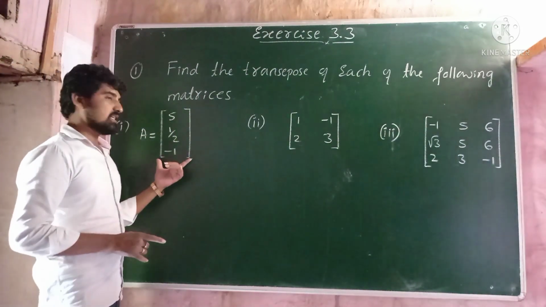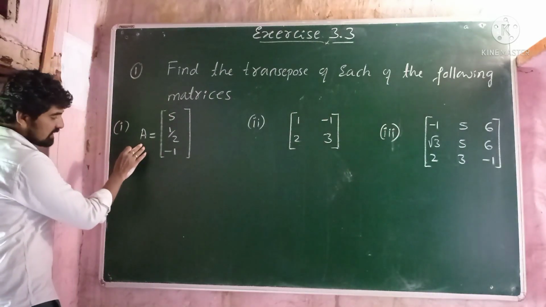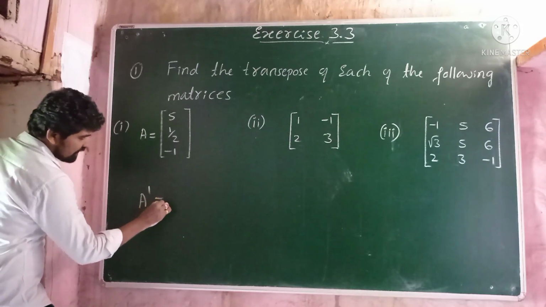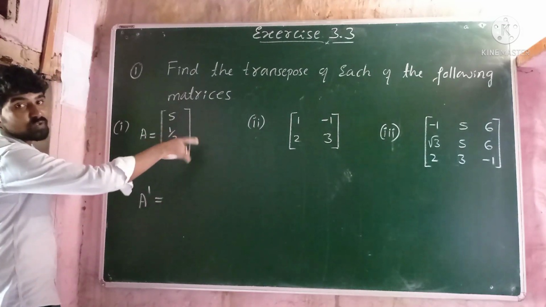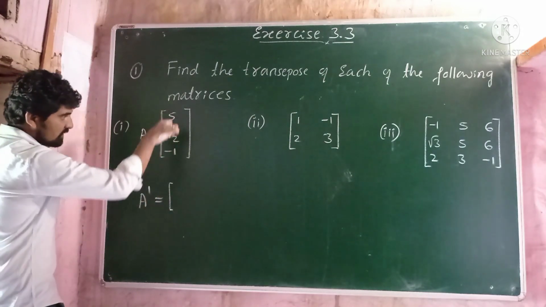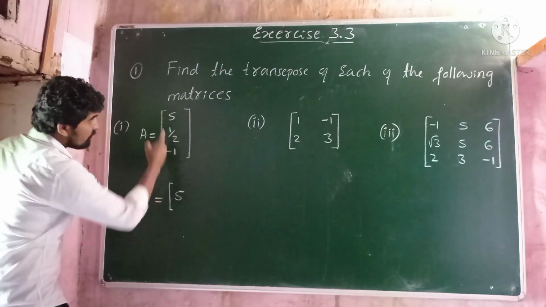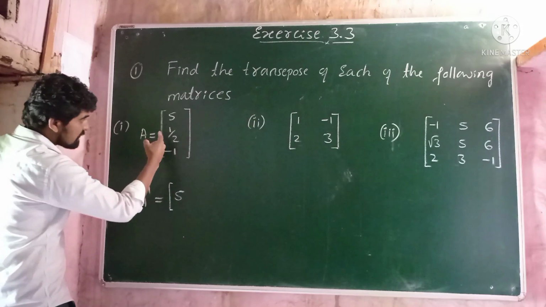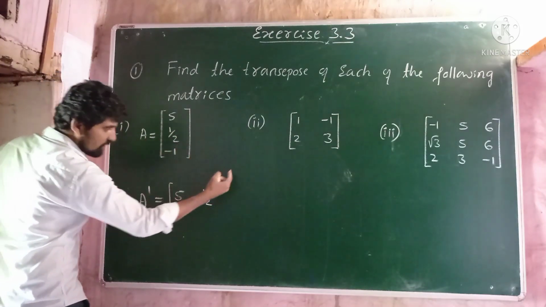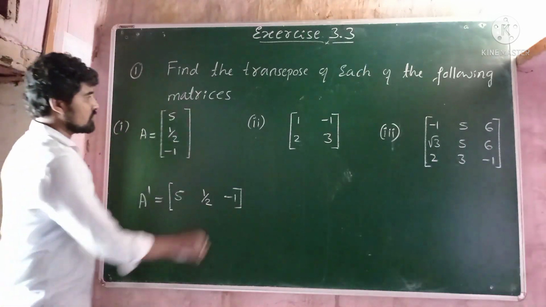Why? Because this matrix has only one column, and transpose of this matrix A is A dash, which is obtained by interchanging rows and columns of this matrix. It means this column matrix becomes row matrix. So first row becomes first column: 5, second row becomes second column: 1 by 2, and third row becomes third column: minus. Hope all of you understood.